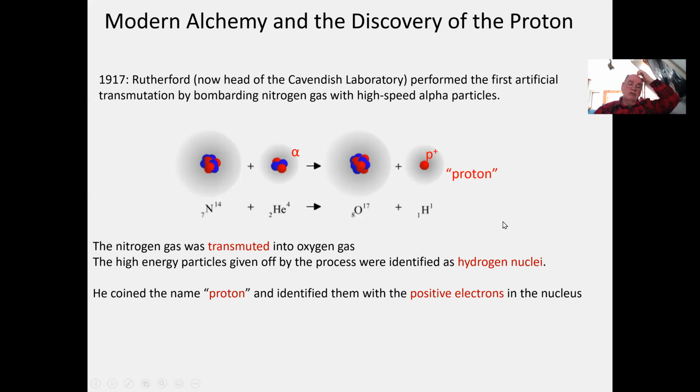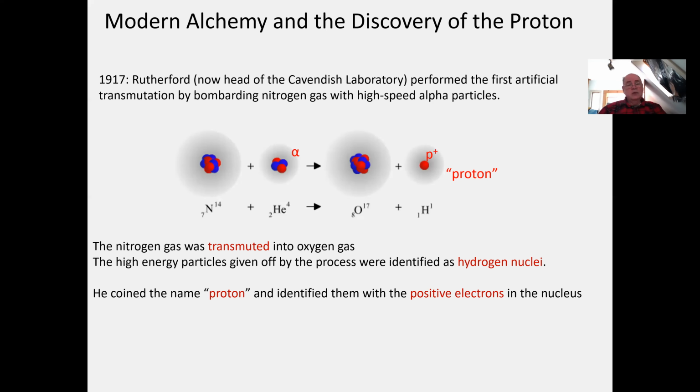And what Rutherford simply posits is that, first of all, this nitrogen is being transmuted into oxygen just the way radium is transmuted into actinium, just as uranium is being transmuted into thorium. He's doing this artificially by banging the nitrogen atoms with alpha particles. He's doing exactly the same process.